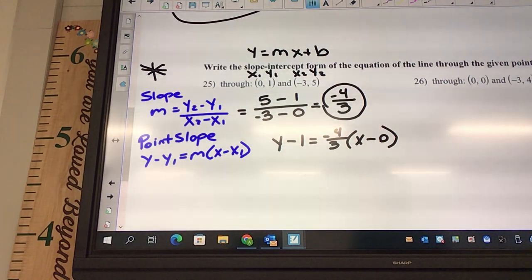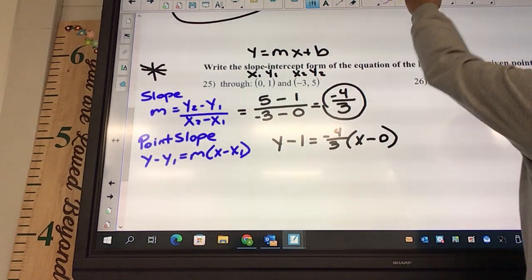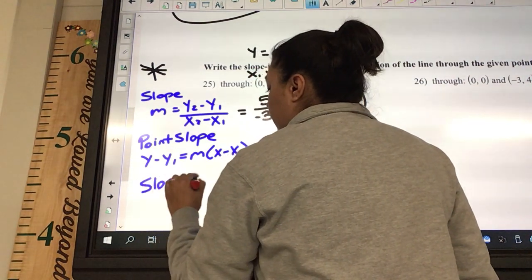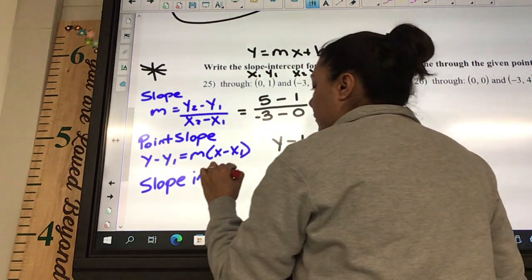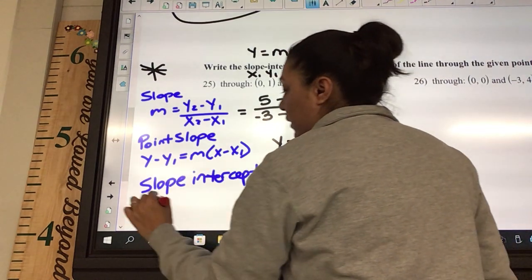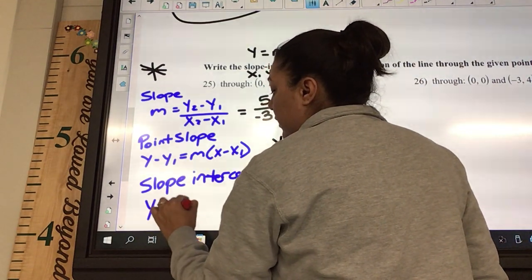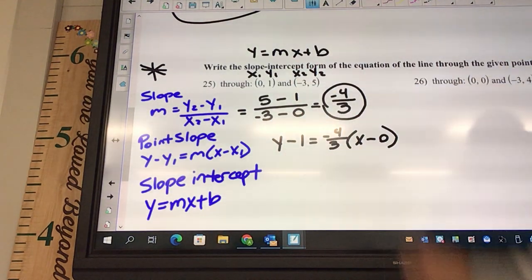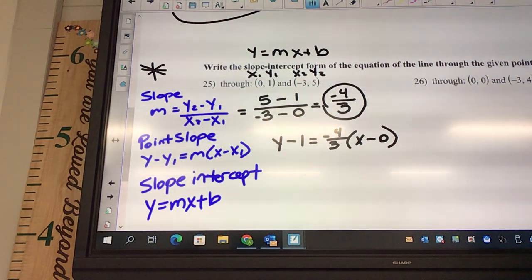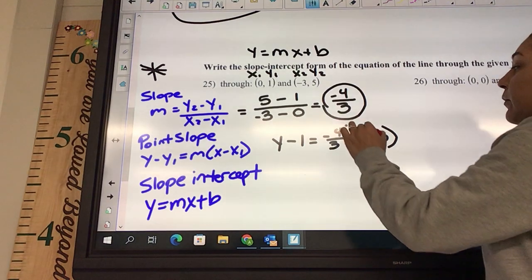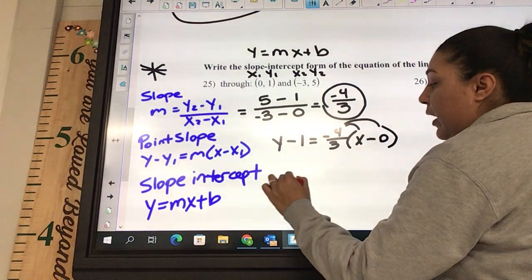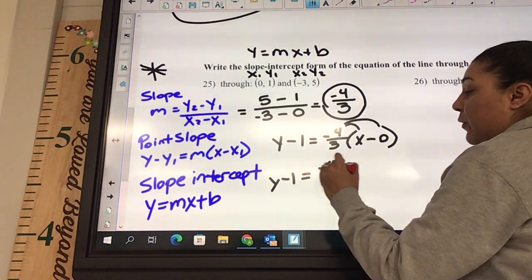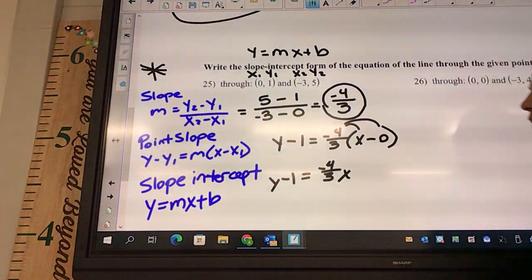So then our next step is gonna be to get it in slope-intercept form, which is y equals mx plus b. Okay, and so we're gonna have to distribute. So you're gonna have y minus 1, nothing's happening there, and -4/3x, okay?